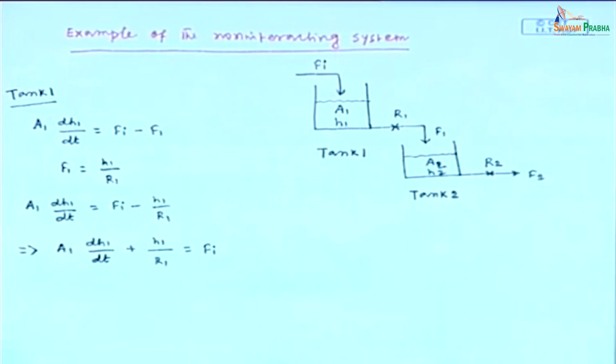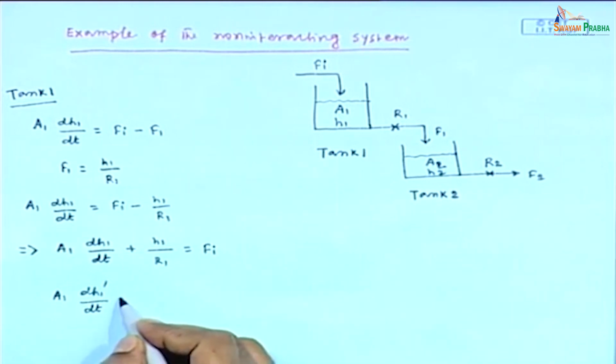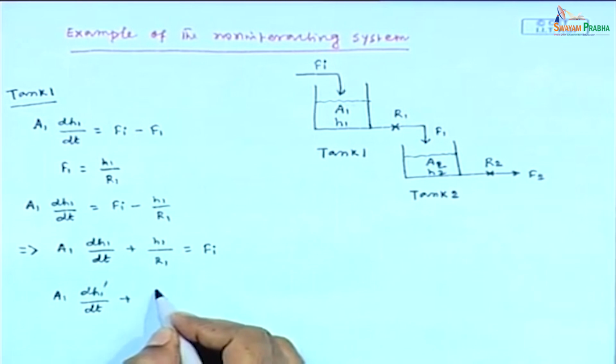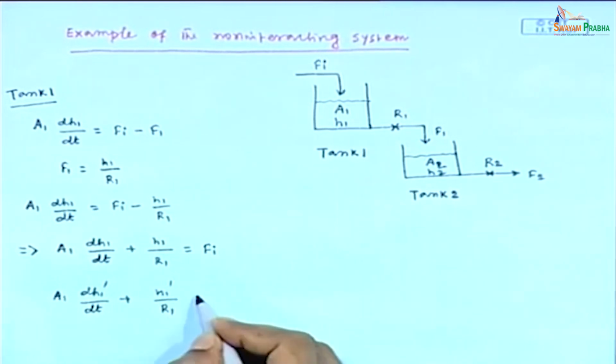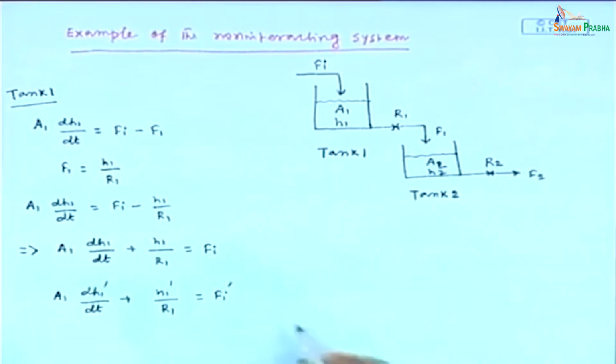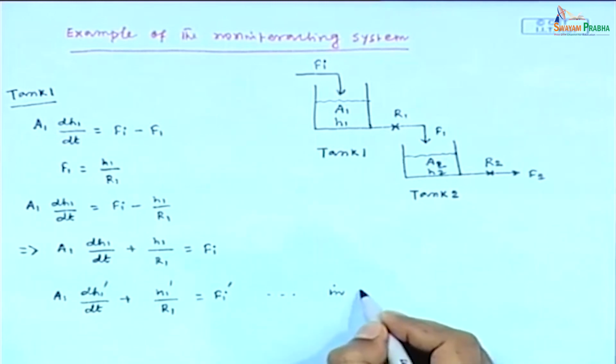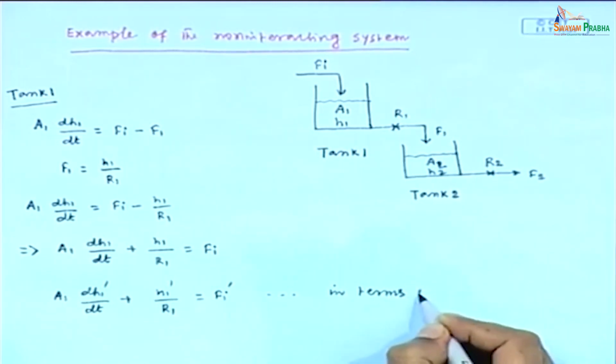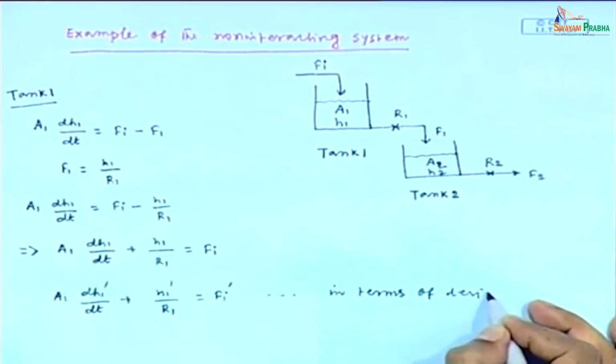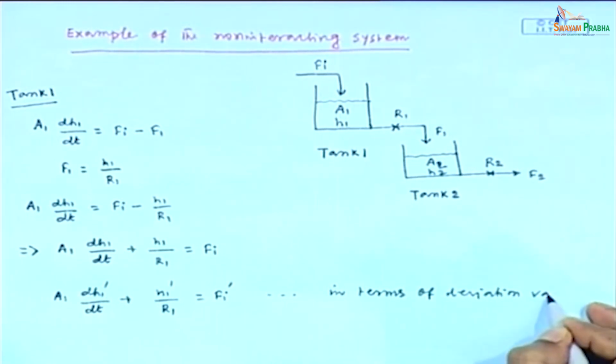Now, if we write this equation in terms of deviation variables, then we obtain A1 dH1'/dt plus H1'/R1 equals Fi'. This is the modeling equation in terms of deviation variables.